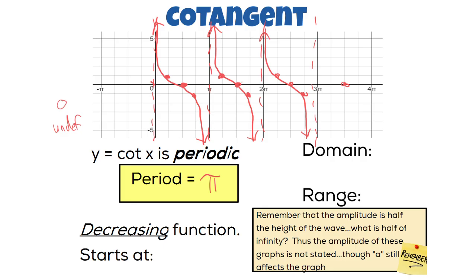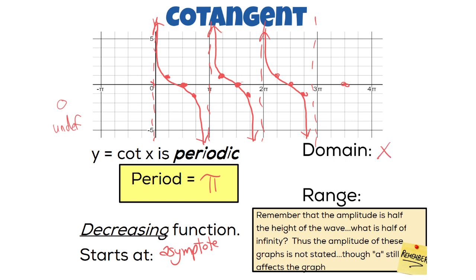There we go. Cotangent is a decreasing function, and it starts at, look at what it starts at. It doesn't start at an x-intercept, it starts at an asymptote. That'll be the first thing that you plot. And it might have to shift due to some phase shift. Domain, very similar.